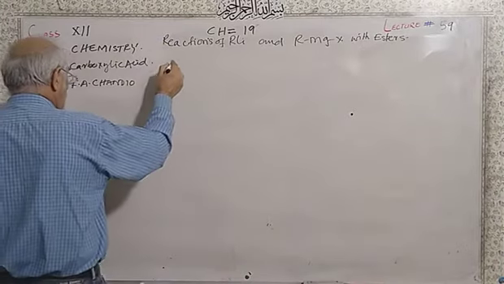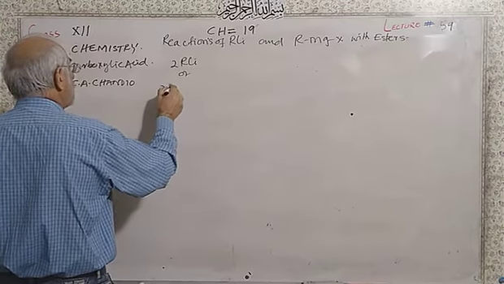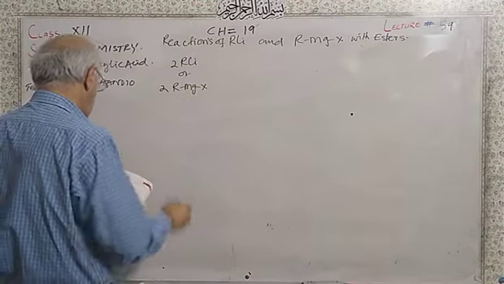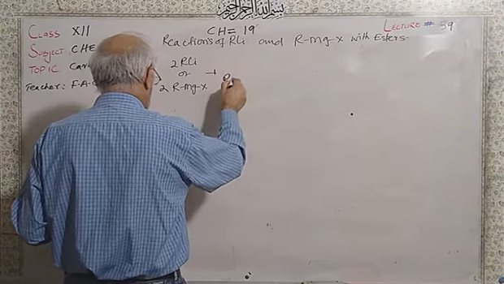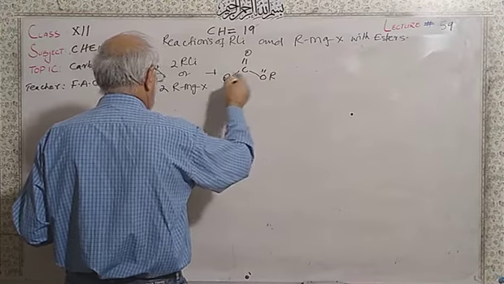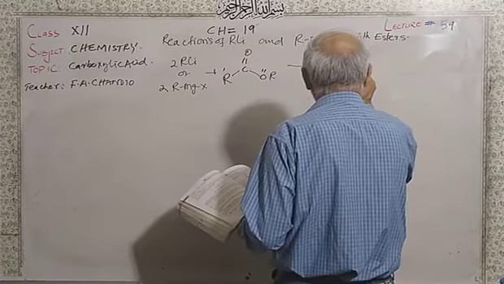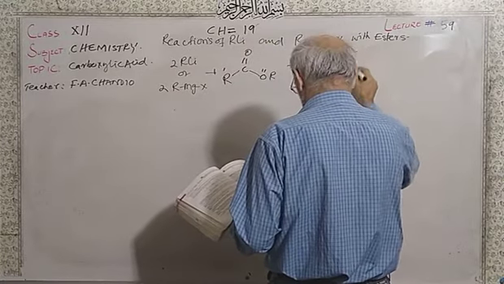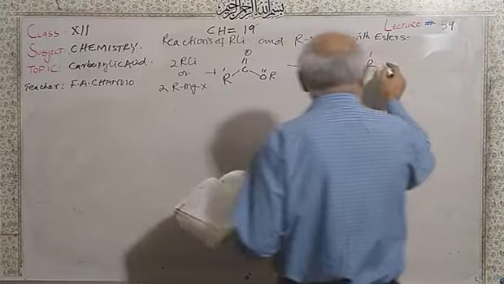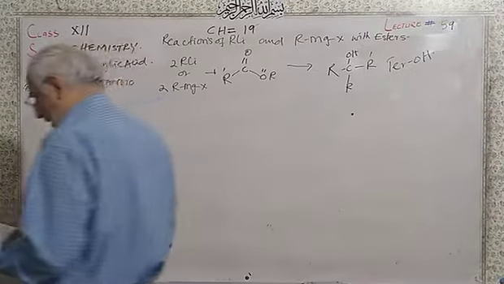So, the general reaction: 2 moles of alkyl lithium or 2 moles of alkyl magnesium halide, Grignard's reagent, plus ester. This is the ester. So you will get a tertiary alcohol. This is the tertiary alcohol. So a tertiary alcohol you will get in this case.